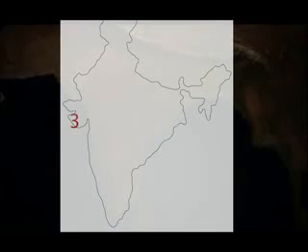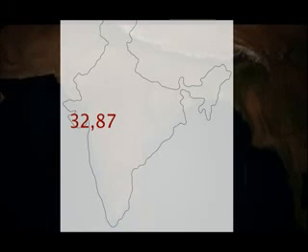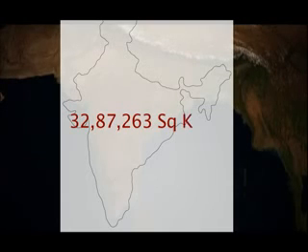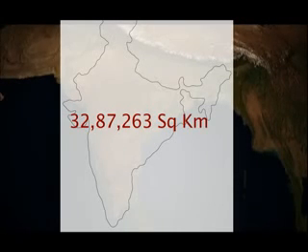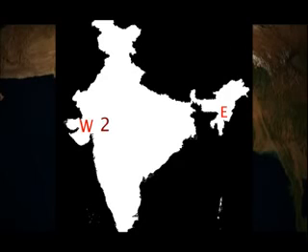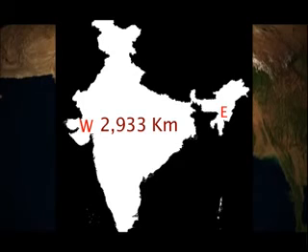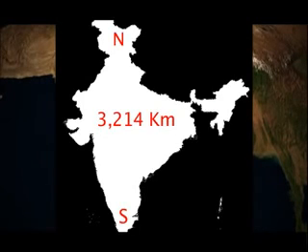The total area of India is 32,87,263 square kilometers. It extends over 2,933 kilometers from east to west and 3,214 kilometers from north to south.